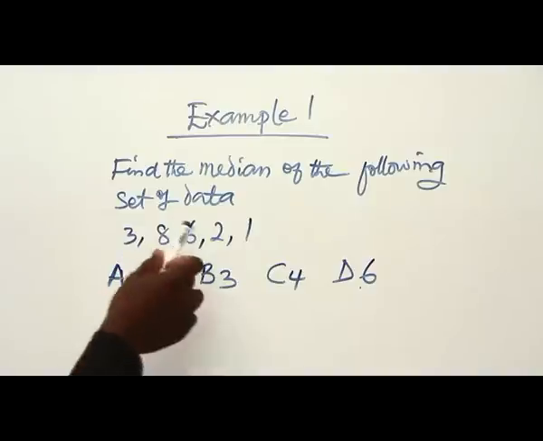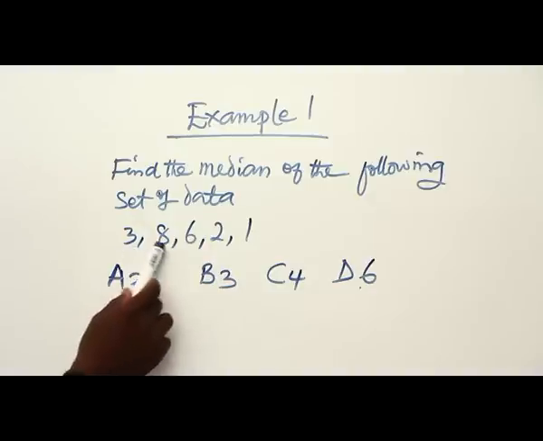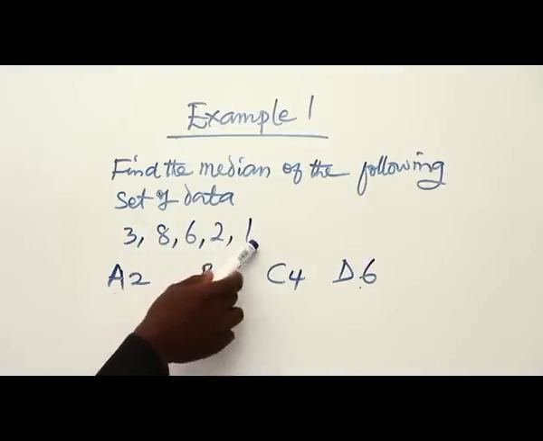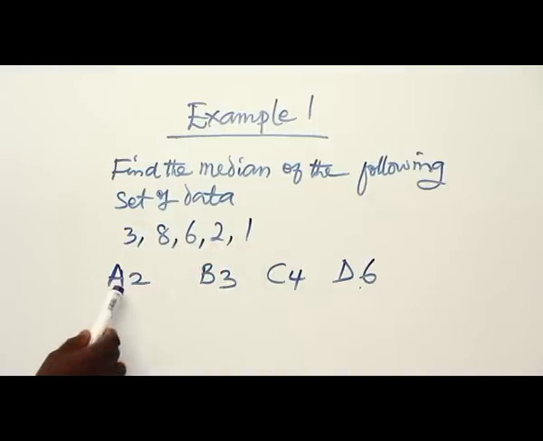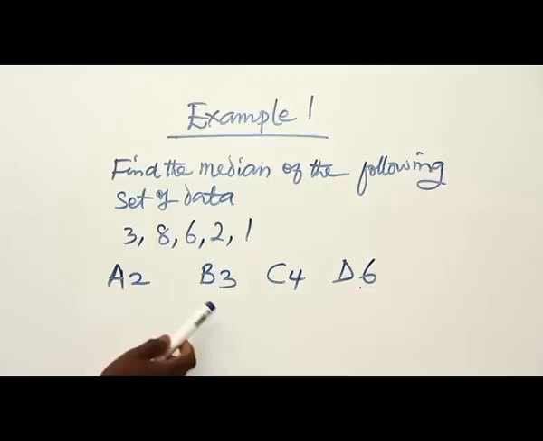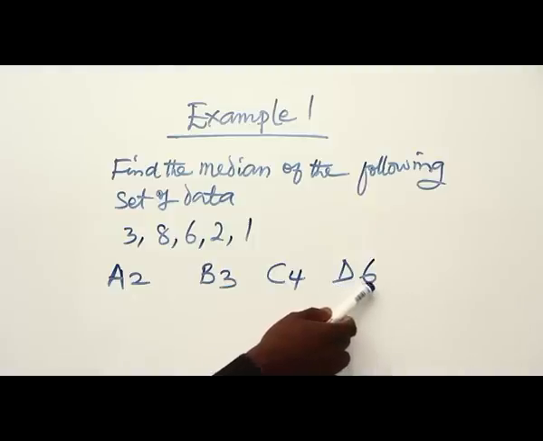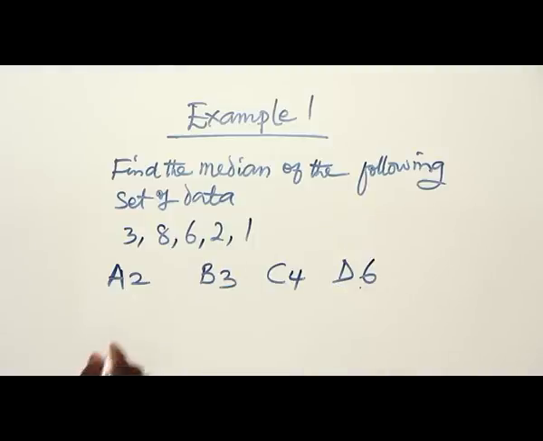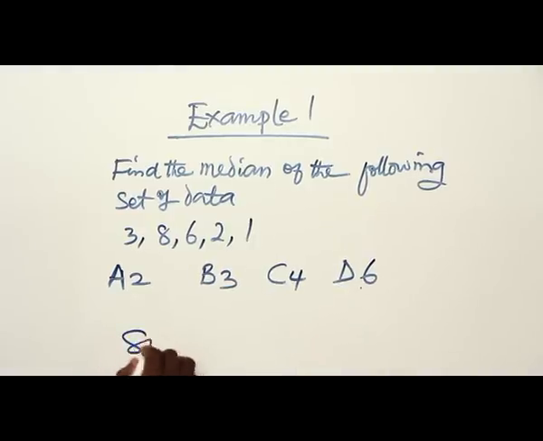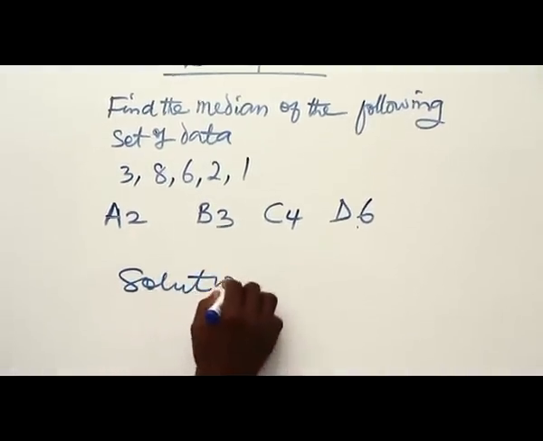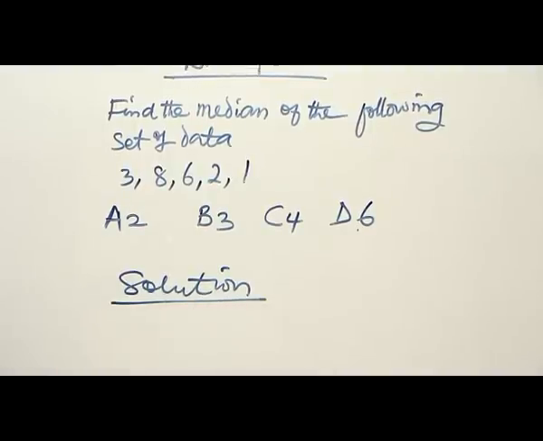Example 1. Find the median of the following set of data: 3, 8, 6, 2, 1. Options: A 2, B 3, C 4, D 6. Solution. We must rearrange.